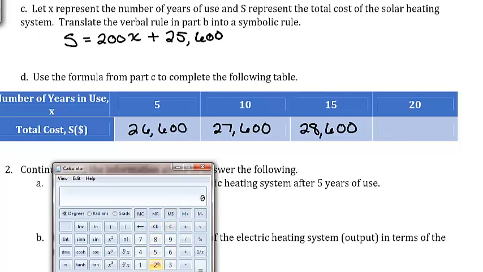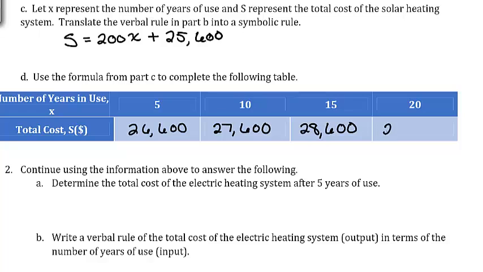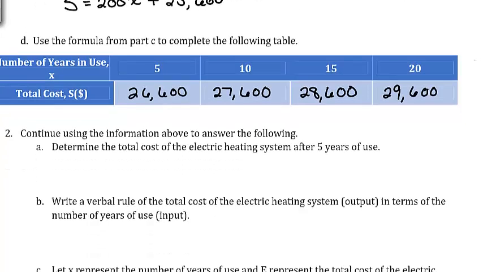And do the same thing for 20 years, so 200 times 20 equals 4,000, and then add to that the 25,600. And we get 29,600. Again, every 5 years, the cost for using the system was $1,000, so essentially you add $1,000 for every 5 years, and you could have filled in the table quickly doing that as well.